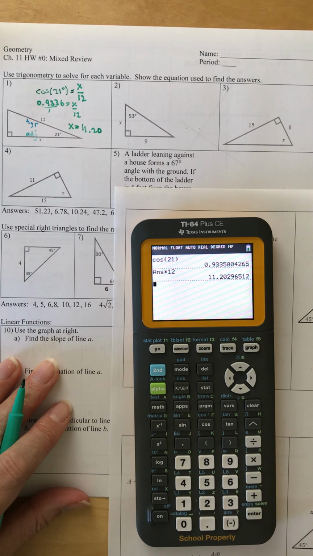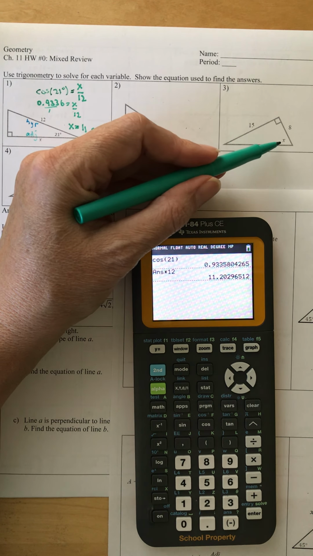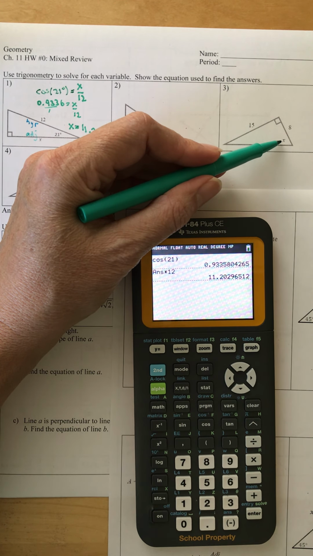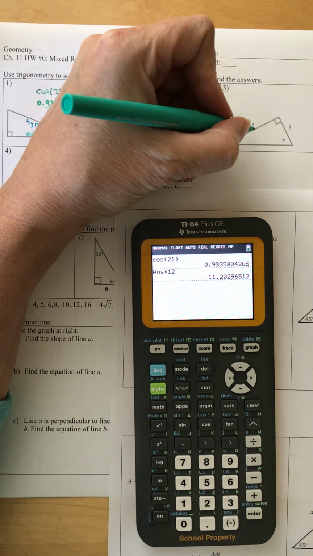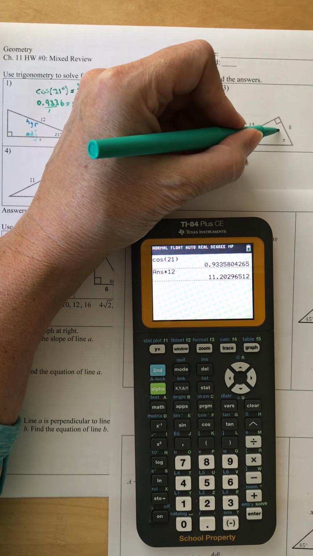All right, and then if you were doing, say, problem number 3, that one I'm looking for the value of the angle, and in this case the x is in the angle, so I'm looking for how many degrees that is, and I have the side opposite and the side adjacent.